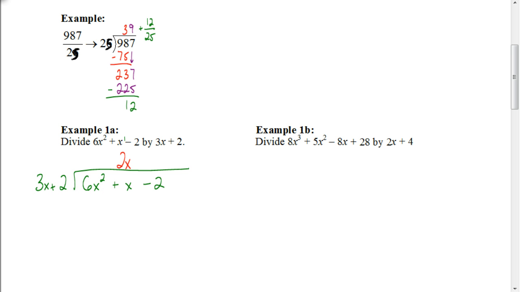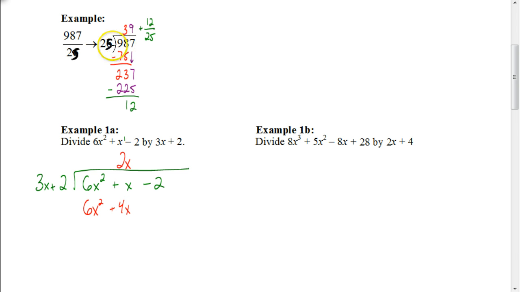So since we multiply by 2x, we want to make sure that the 2x matches up with a similar degree here in my dividend. So we want to make sure that the 2x is above the x. So now 2x times 3x is 6x squared. But now we take the 2x times 2 and get 4x.